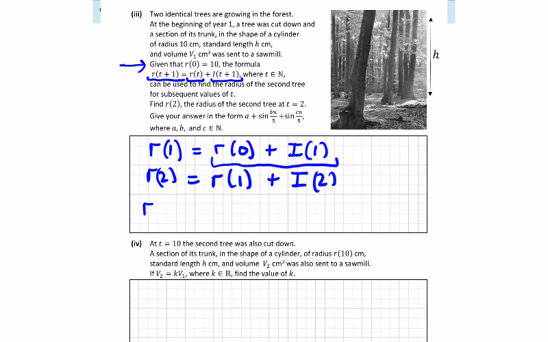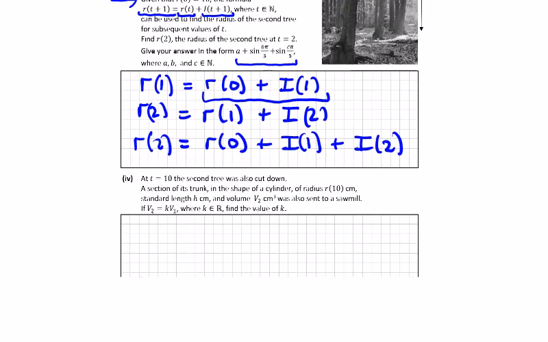So R2 becomes R0 plus the increase in year 1 plus the increase in year 2, and we're asked to show that it's in this format here. So R0 is equal to 10, the increase in year 1, we had from up above, 1.5 plus the sine of pi t over 5, which is the same expression here.